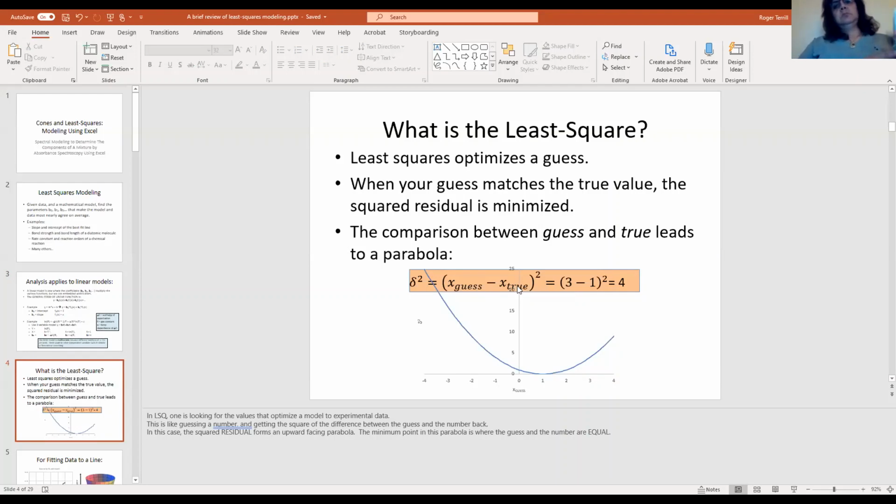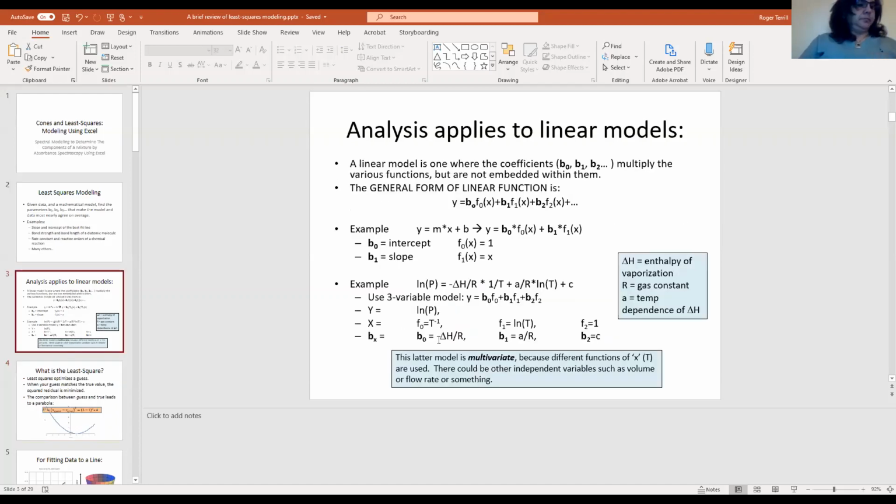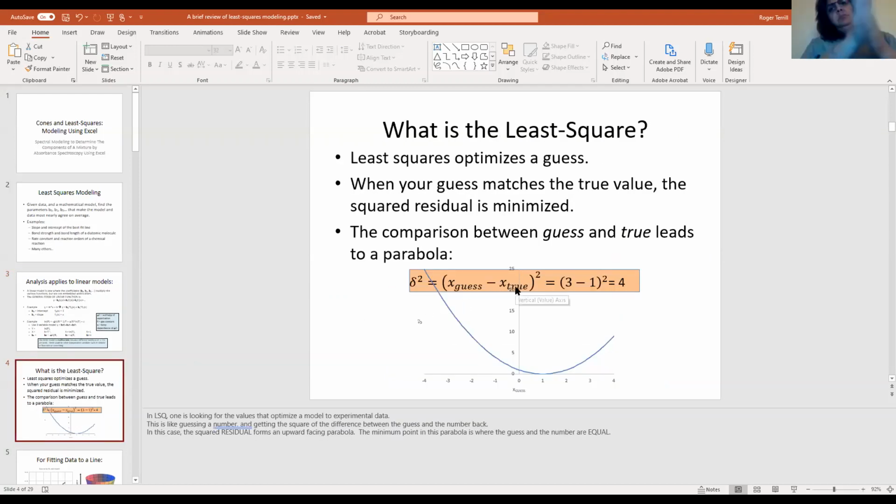For example, the guess values might be B values, and the true values are some unknown true value. It simply assumes that this parameter here, x guess minus x true quantity squared, is an upward facing parabola. And that is actually true when you set up the least squares model.